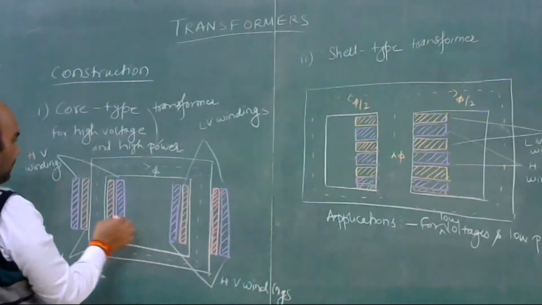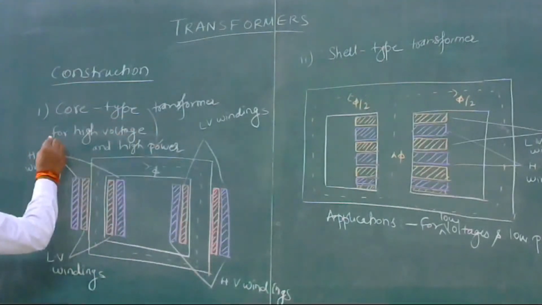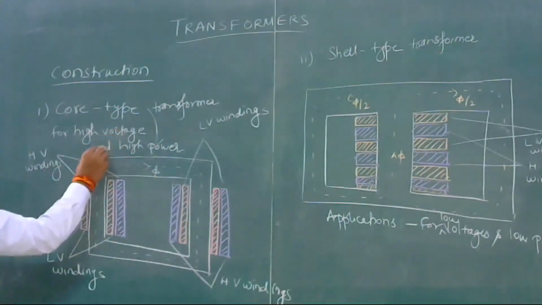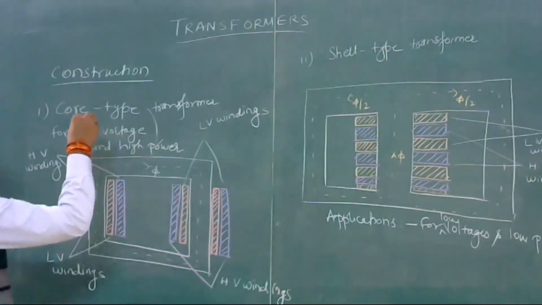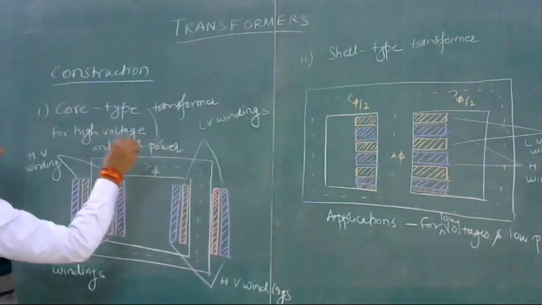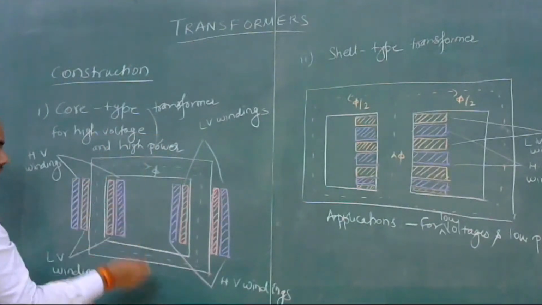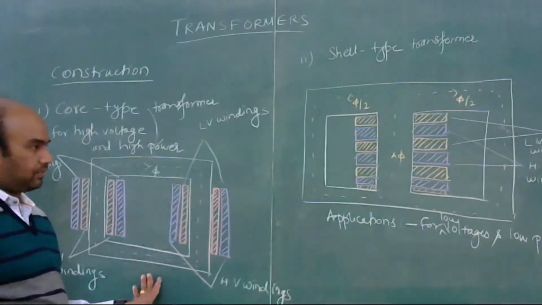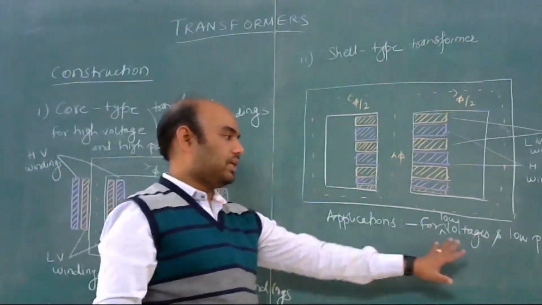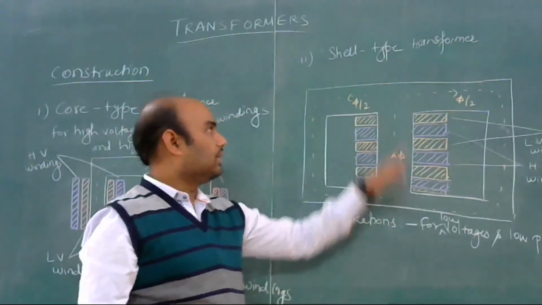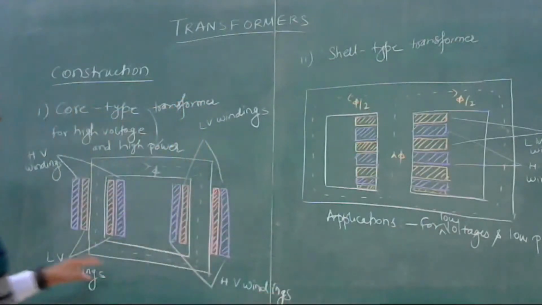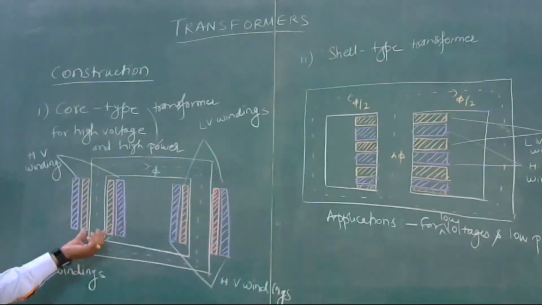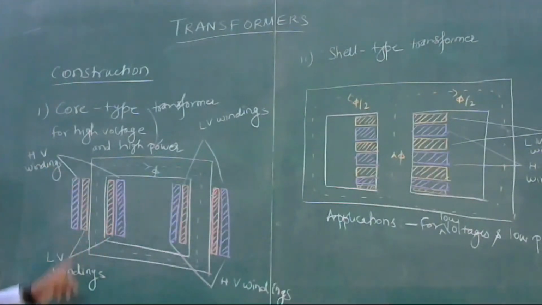First is core type transformer, which is generally used for high voltage and high power applications. Where there is high voltage and high power requirement, we generally go with core type transformer, and for low voltage and low power requirement, we generally prefer shell type transformer. Here inner windings are LV windings and outer windings are HV windings.